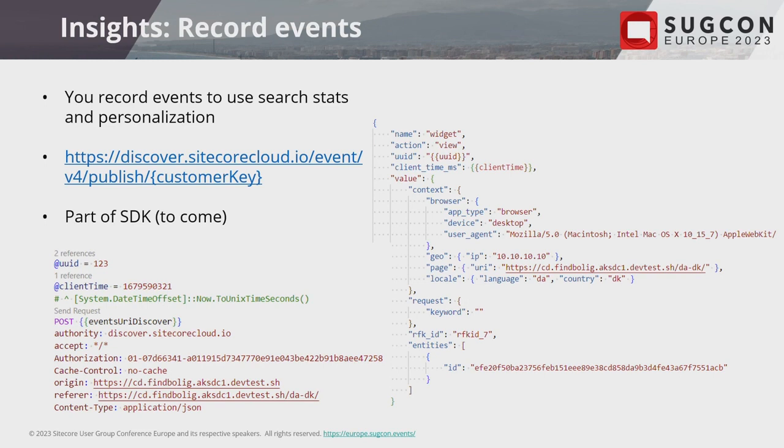And I struggled a bit, but we got it. This is how you make a request and you get a success back. There's a context about the browser, geolocation, which page. If you have something about the user, you include this.